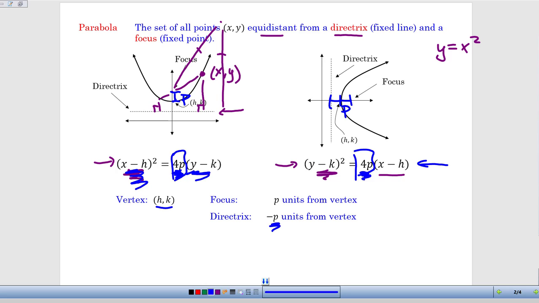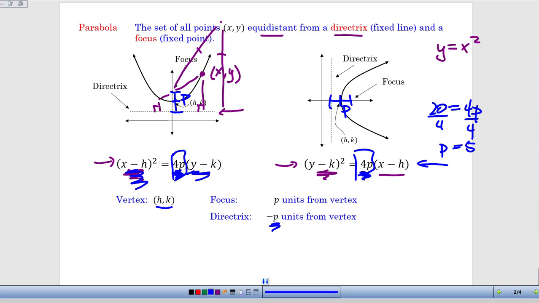So if the number in that 4p position in the equation is 20, you set it equal to 4p. If we divide both sides by 4, we get p equals 5. That means the focus for that parabola is going to be 5 units away from the vertex, and the directrix is going to be the opposite of that, negative 5 units away.